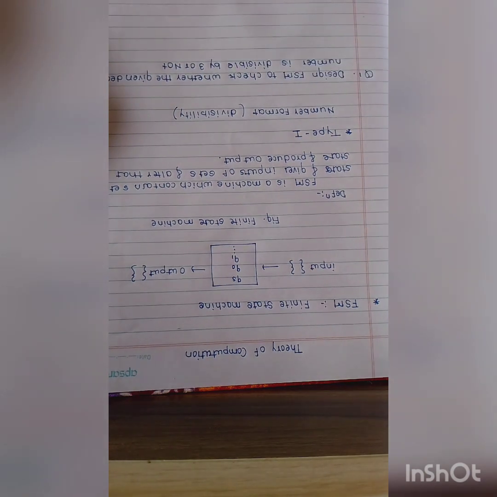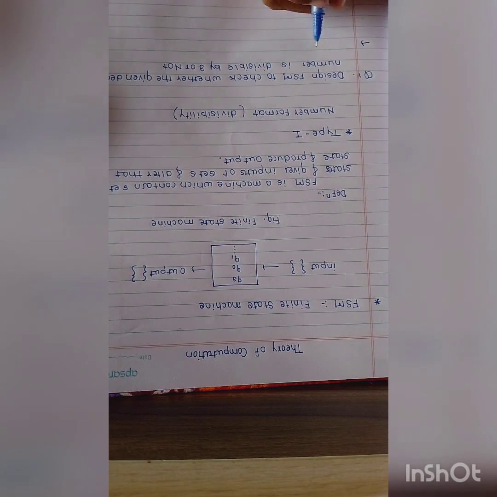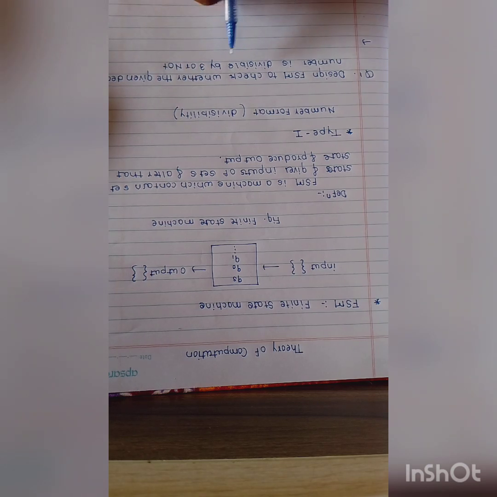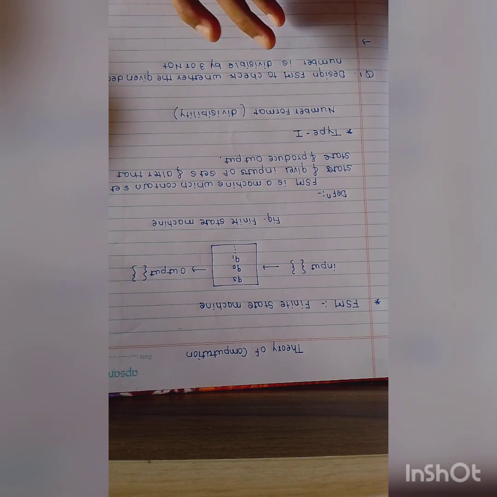So first the input is a given decimal number. Decimal number means 0 to 9 numbers, and we check the divisibility by 3. So we check whether 0 to 9 numbers are divisible by 3 or not.